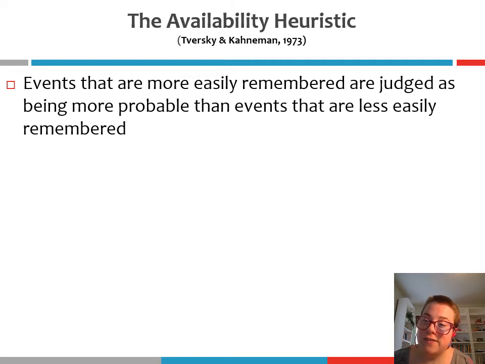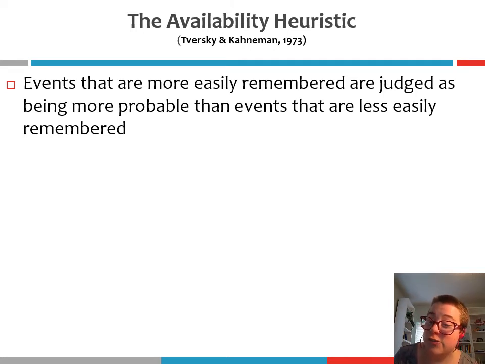And one of the reasons why people were more likely to choose words that start with R is because it was easier to think of words that start with R, like rain, run, real, than it is to think of words with R in the third position. So words like word and car, right?